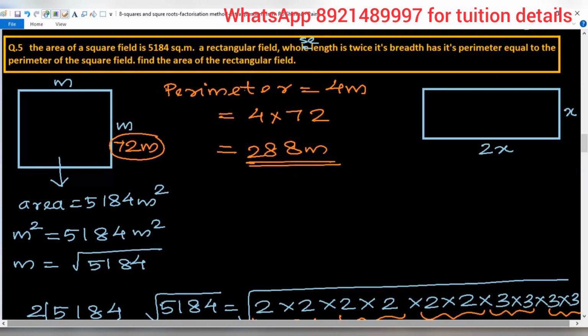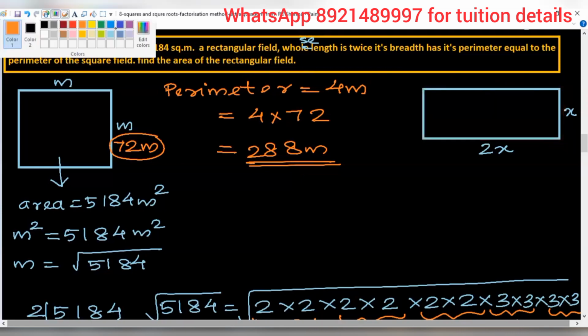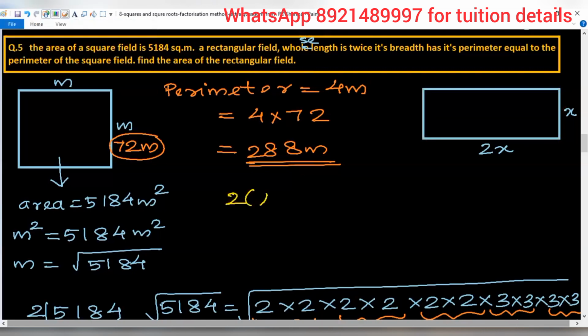Now we can apply it to the rectangle, right? The rectangular field also has the same perimeter. And one more thing, for the rectangle, the perimeter is 2 times (L plus B), right? So 2 times (L plus B) is given as 288 meters.